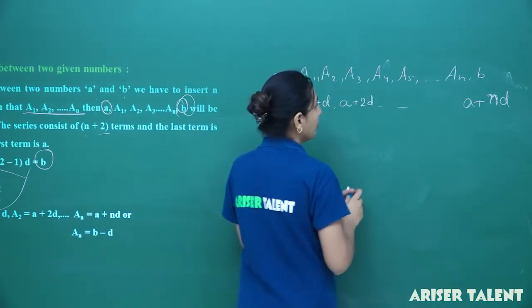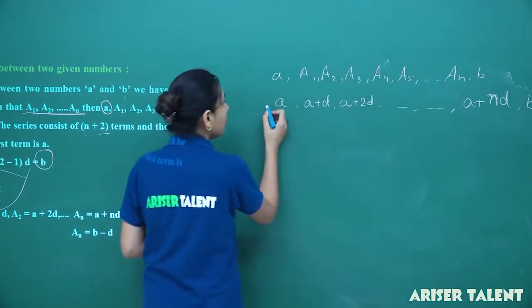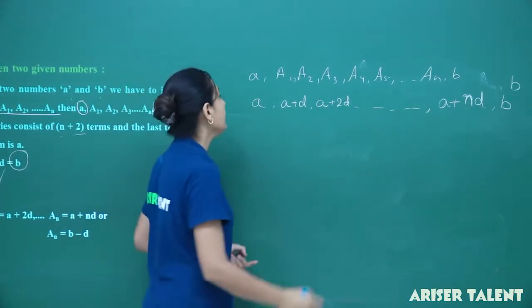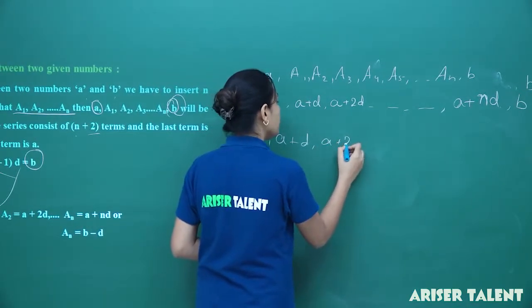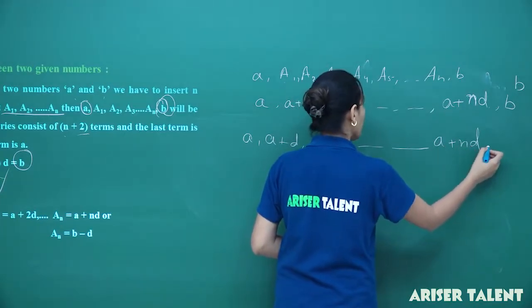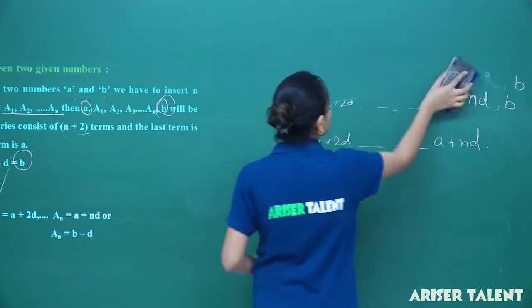So you can finish it here, and after that we will be having B, and before it we are having A here. So the series will be A plus D, A plus 2D up to A plus nD, and that is equal to B. Okay, students.